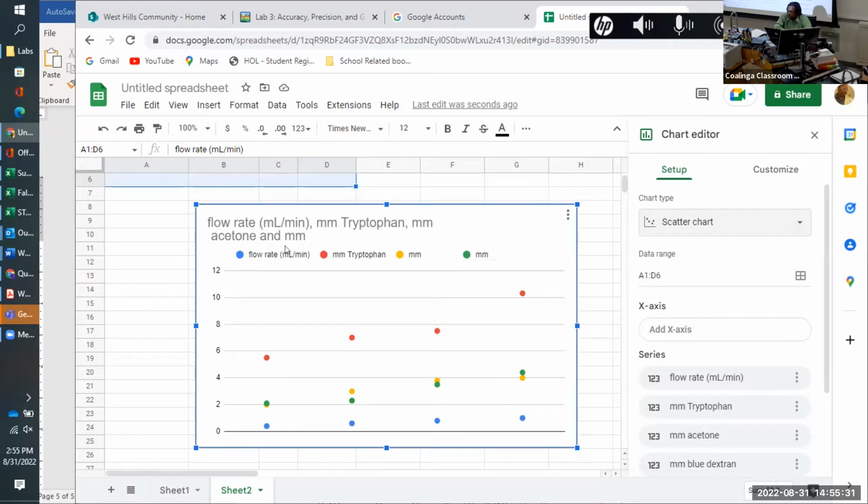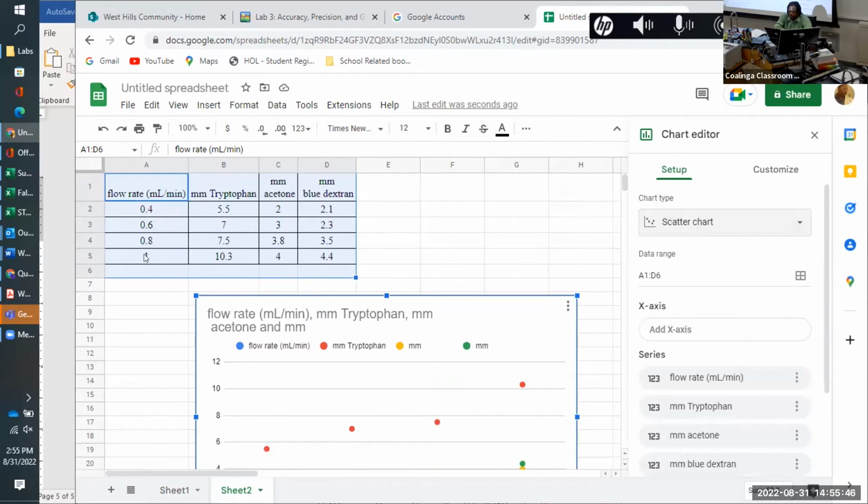So we're going to have to adjust our scales because of the way that we're looking at it right now. We have flow rate being one of the data points. Well, we don't want the flow rate to be one of the data points. The flow rate is going to be our x-axis, and then the meters is going to be our y-axis.